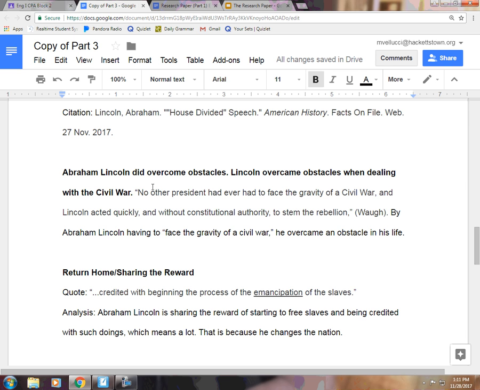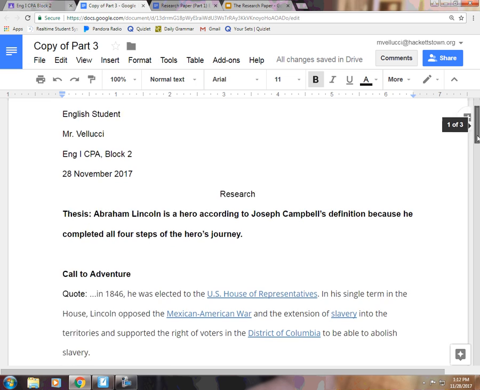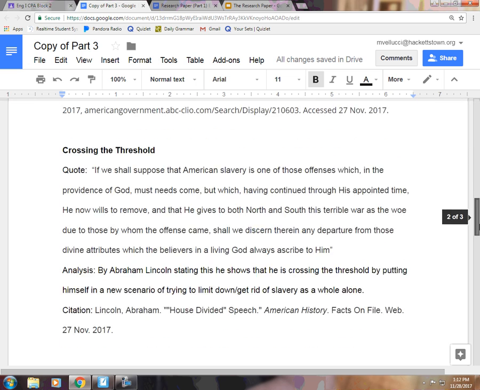We have our quote. No other president had ever had to face the gravity of a civil war, and Lincoln acted quickly without constitutional authority to stem the rebellion. We have our citation. By Abraham Lincoln having to face the gravity of a civil war, he overcame an obstacle in his life. All we need to do now is add our second analysis. How does overcoming obstacles apply to our thesis of being a hero according to Joseph Campbell? Well, overcoming obstacles is the third step of Joseph Campbell's hero's journey.